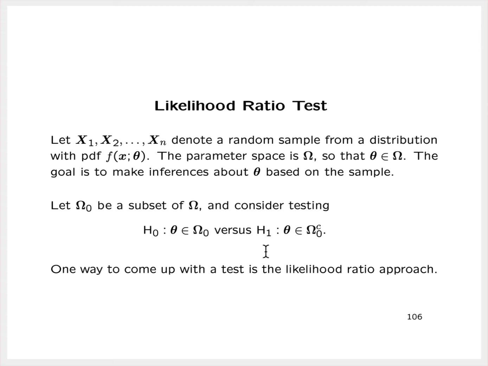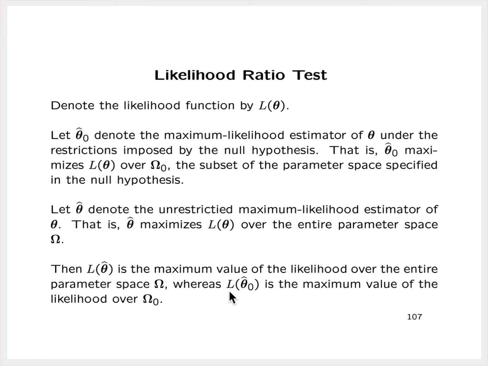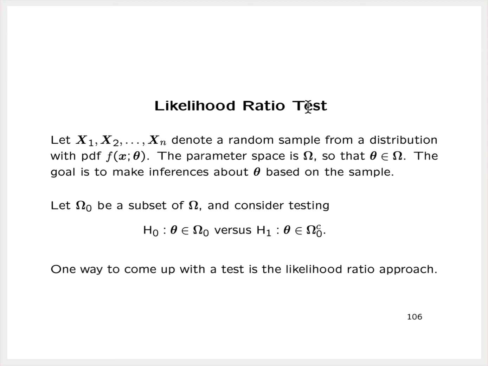Now, how can we come up with such a test? The approach we're going to look at is, again, called the likelihood ratio approach. And so we want to denote the likelihood function for the sample this way. Now remember that the likelihood function, think back to when you learned about maximum likelihood estimation, is just the joint PDF of the data, thought of as a function of the parameter.